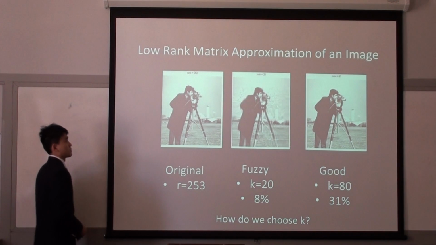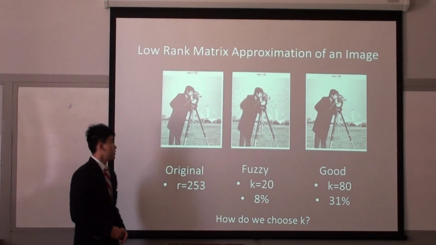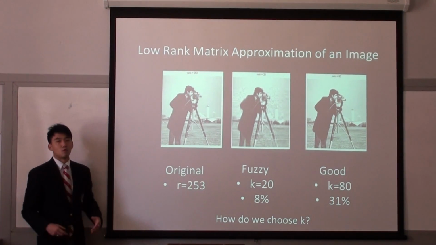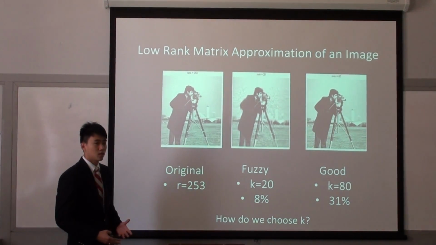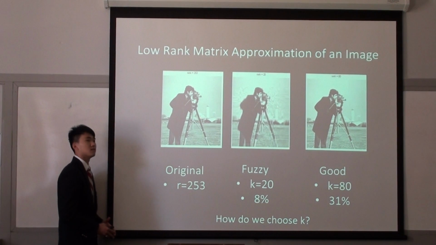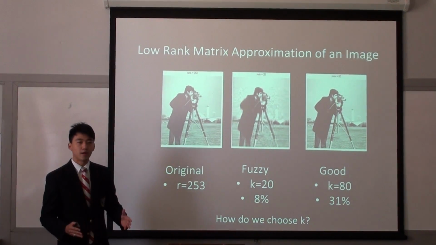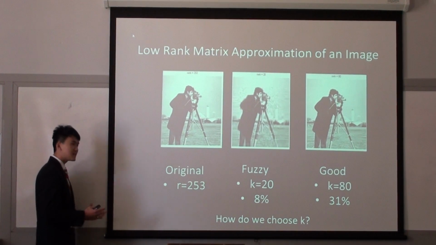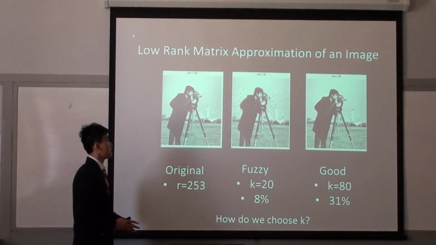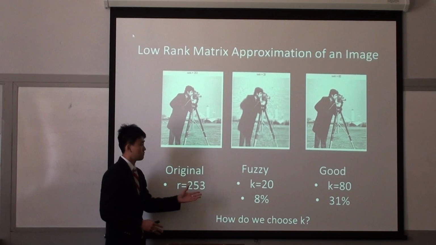Now the low-rank matrix approximation of that image. On your left is the original matrix. It has a rank of 253. However, if I just take the first 20 singular pairs and use that to approximate the image, it gives me this kind of fuzzy picture.